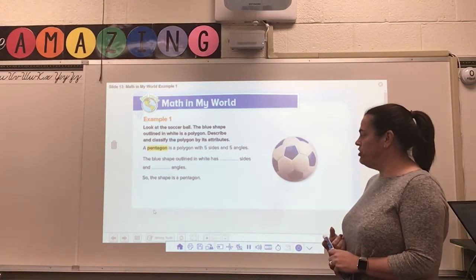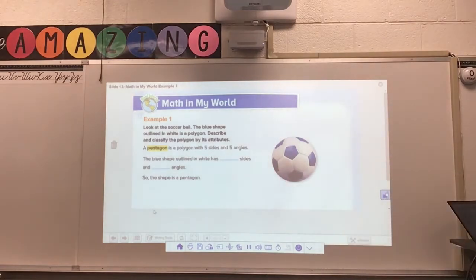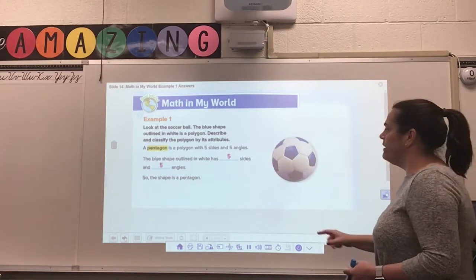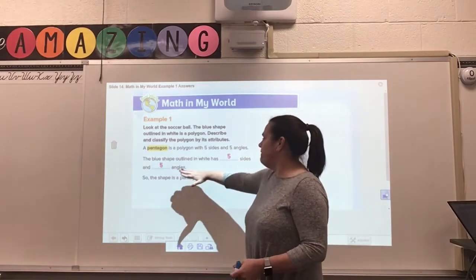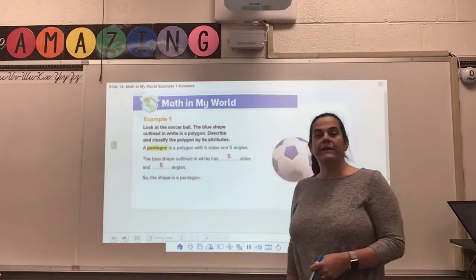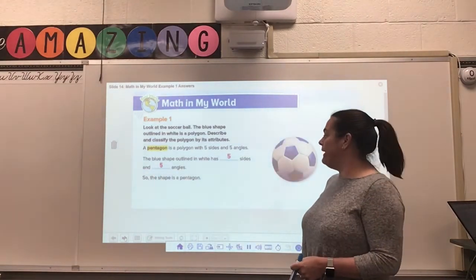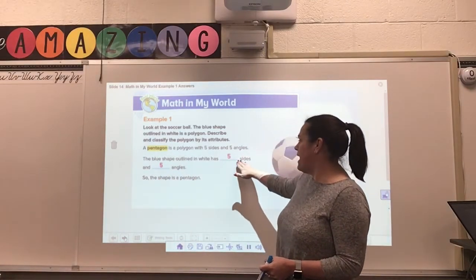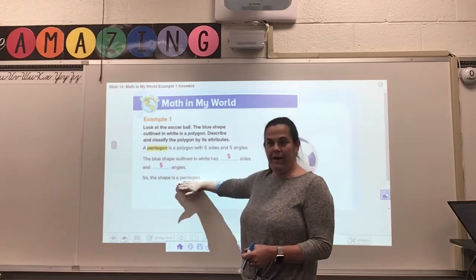So the blue shape outlined in white has 5 sides and 5 angles, so we know that it's called a pentagon. The 5 sides and the 5 angles, those are its attributes. When we name it a pentagon, because of its angles and sides, that's called classifying.